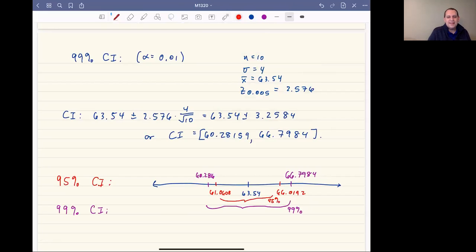If we want 99% of the samples to have a mean that lies in some interval, it needs to be bigger than if we want only 95% of the samples to lie in that interval, right? If we want to be more confident that the means are going to lie in some interval, we need a bigger interval.